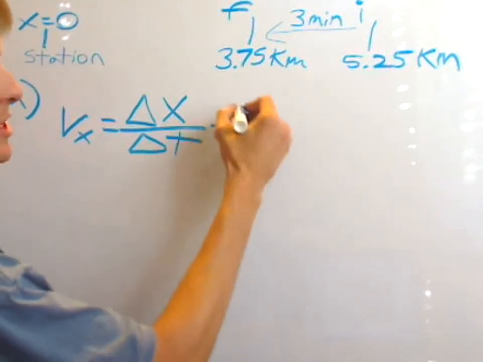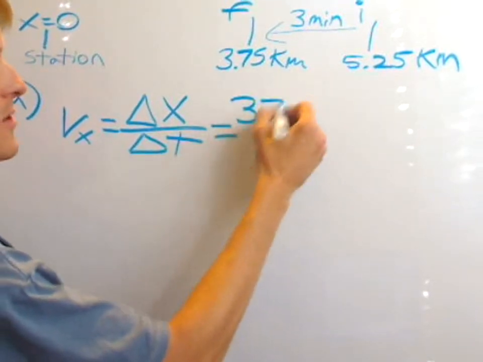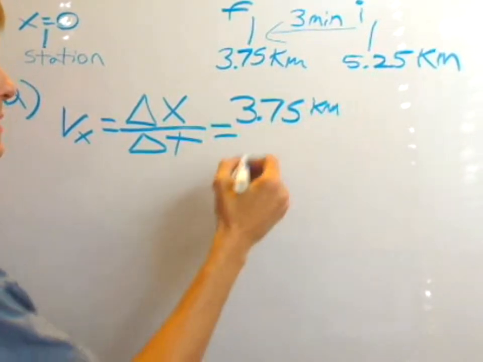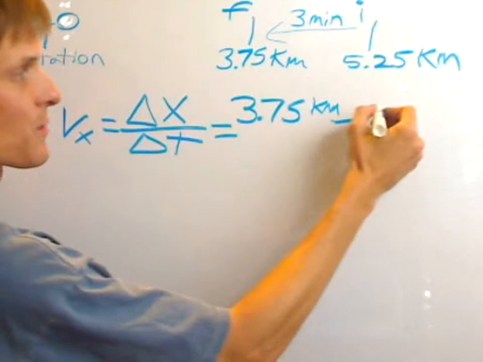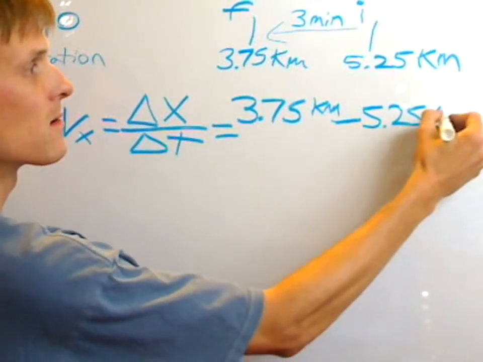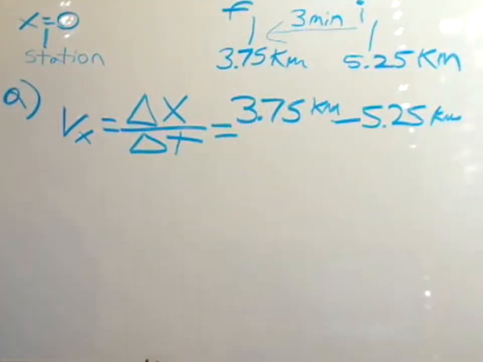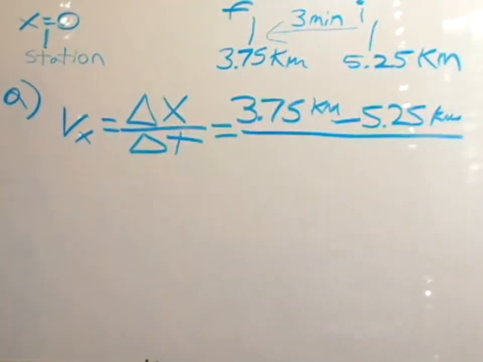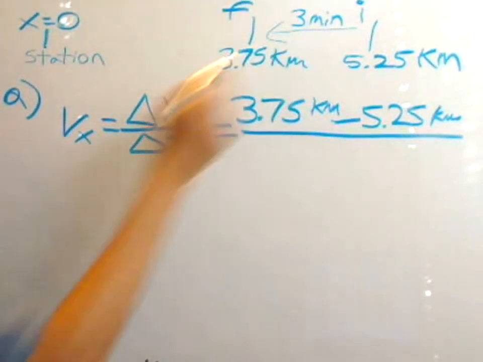So the final position is 3.75 kilometers. The initial position was 5.25 kilometers. We divide that by the elapsed time, which is 3 minutes.